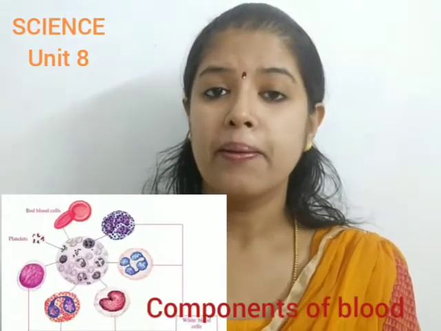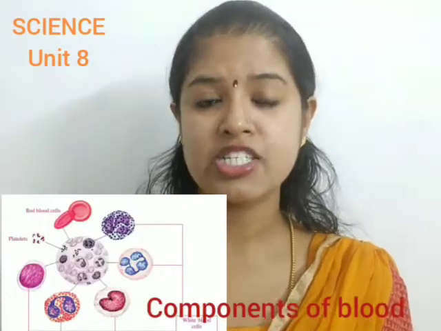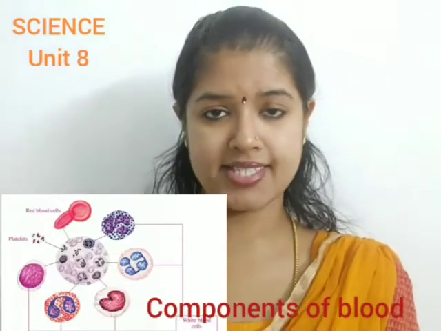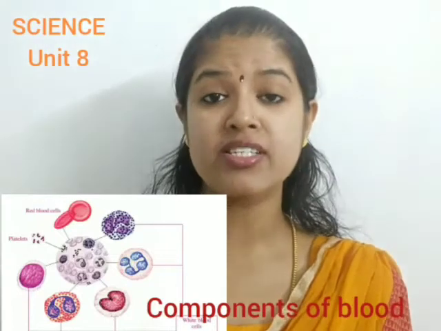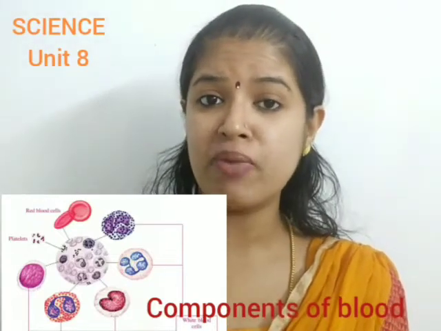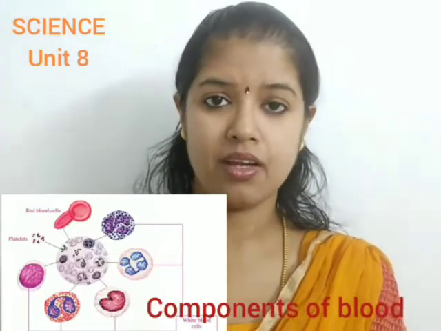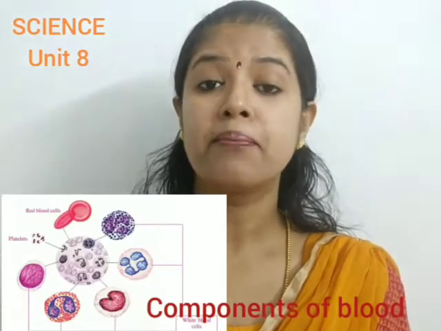Now talking about the components of blood. Blood consists of mainly two parts. The first part is the water content, because 90% of blood is water. That is called plasma.